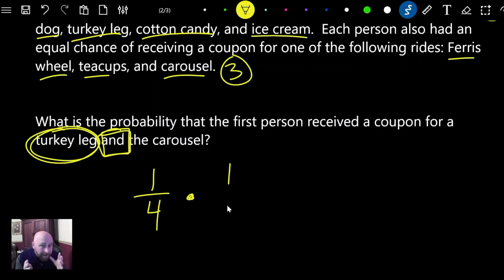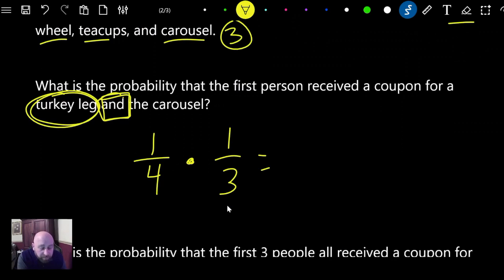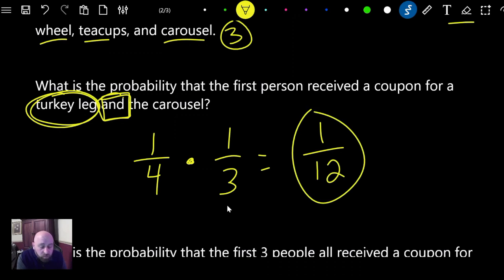So he could only get 1 ride, and that's carousel. How many total rides were offered? 3. So we would just multiply this. 1/4 times 1/3 is going to give me 1 out of 12. There's a 1 out of 12 chance that this guy, the first person in line, would get a turkey leg and the carousel.